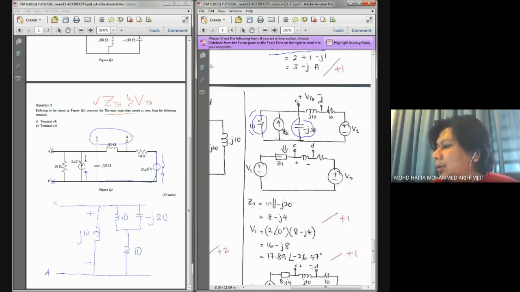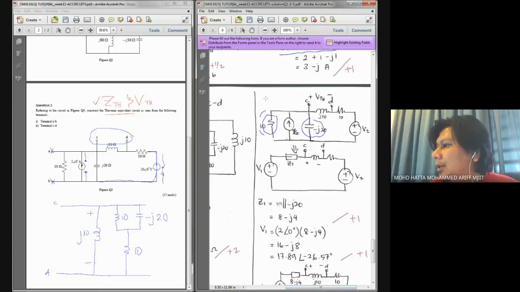In other words, I have a combination of elements over here, and this is my current source. Maybe I put this one as Z1 in my solution, because if you look from this point up until this point, these two are connected in parallel and in parallel with a current source.